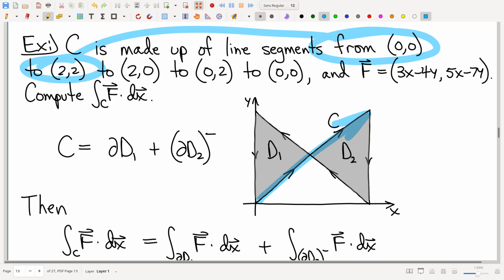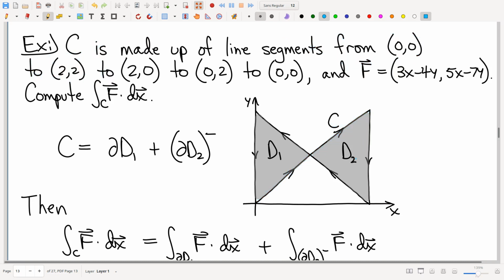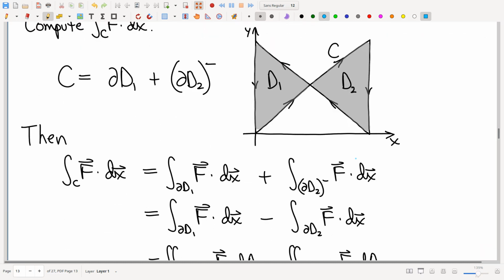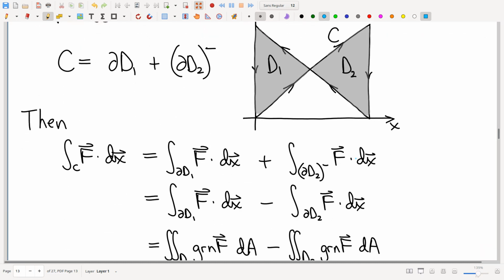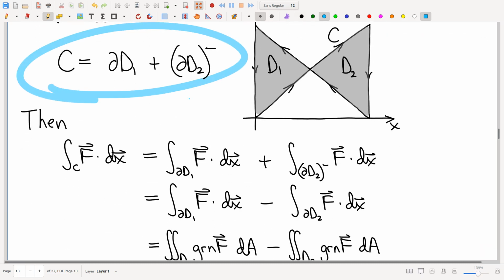So you do have to read and interpret carefully from how the question is written. Yeah, exactly. Okay, so we're in business again. C is one boundary plus the opposite of another boundary. So I'm going to rewrite C as that boundary plus the opposite of the other boundary.